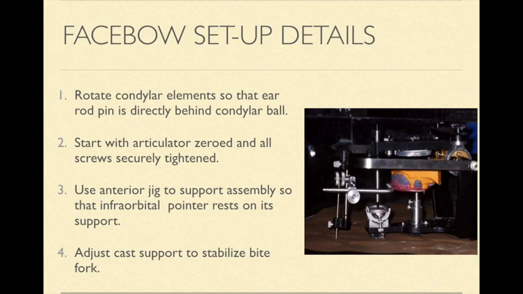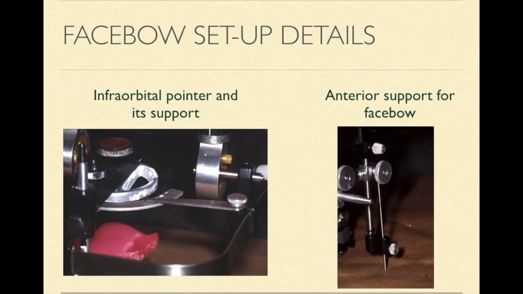And you also need to know how to do the setup. We already mentioned that in the sim lab. If you have any questions about how to use this, you can also check the sim lab videos on Blackboard. I just want to remind you, when you do a facebow transfer setup before mounting, you have to be careful to check the infraorbital pointer and the support.